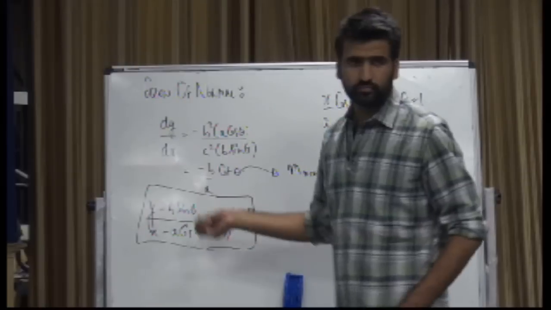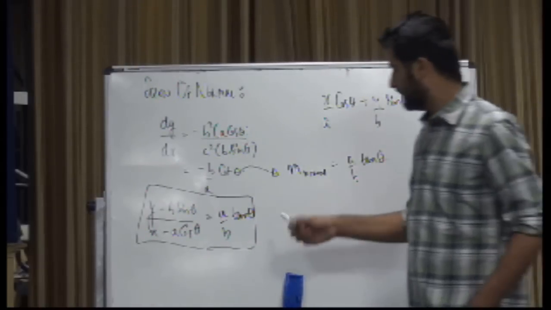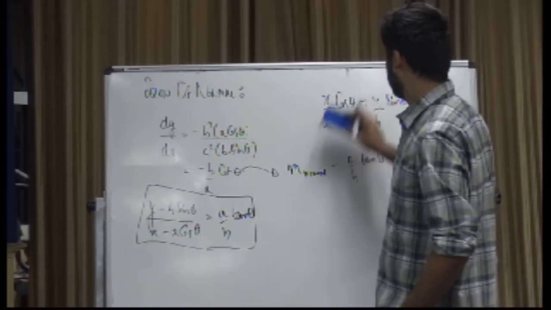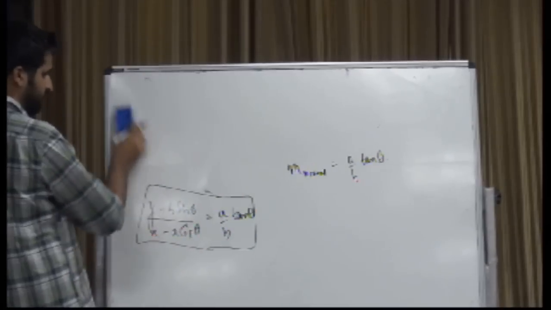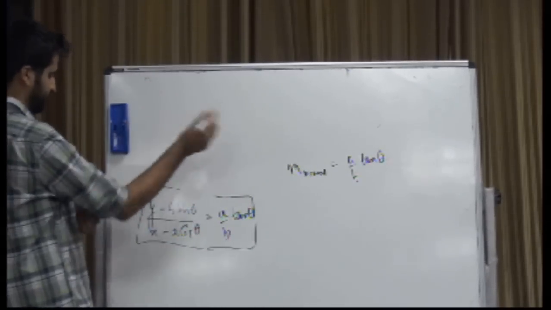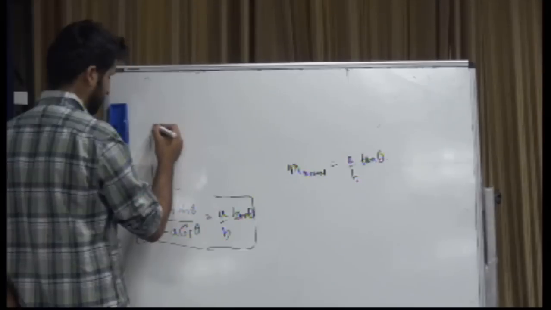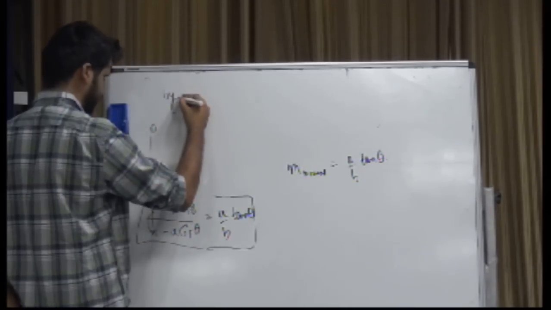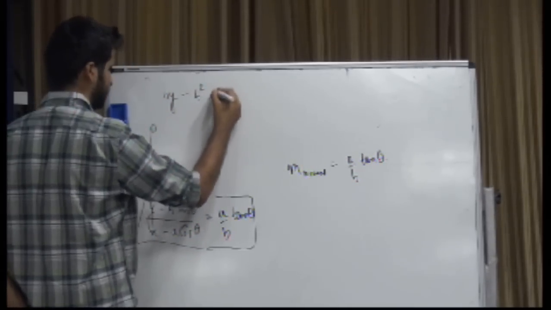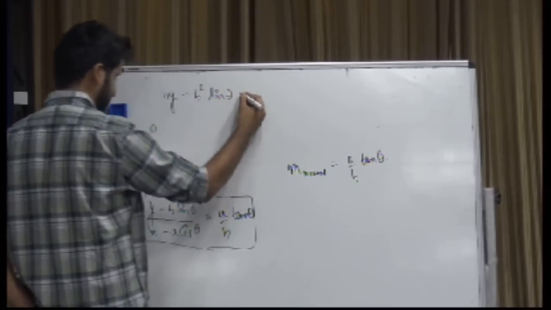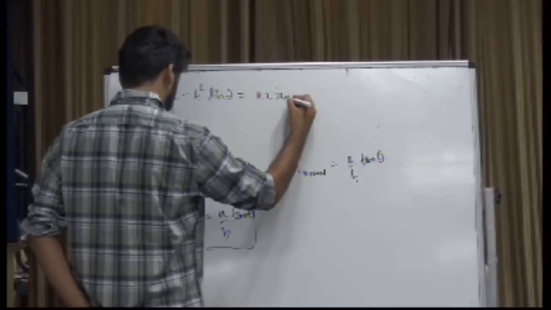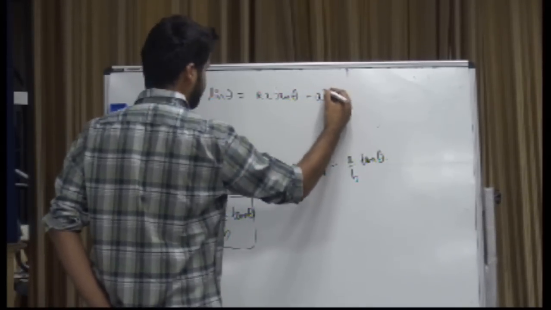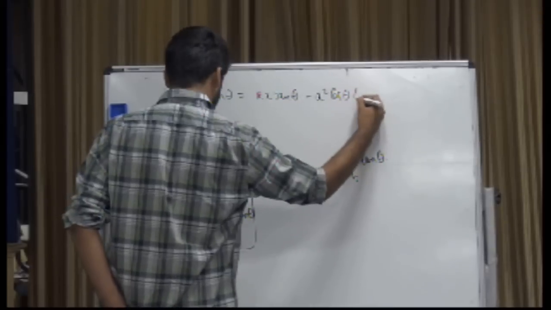Can you see now? Now cross multiply. Then you will get, let's see, by minus b square sin theta is equal to ax tan theta minus a square cos theta into tan theta.